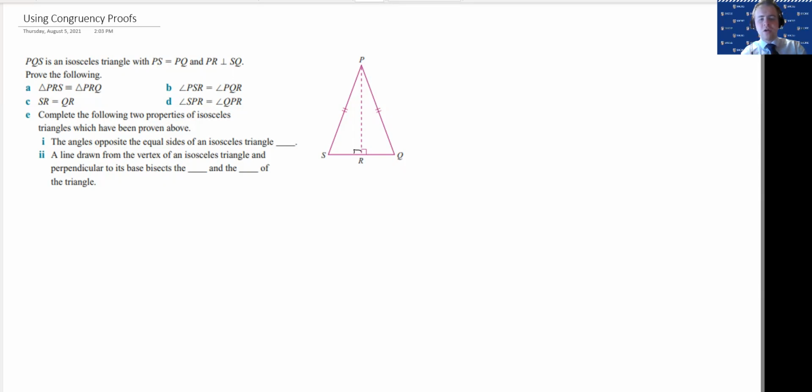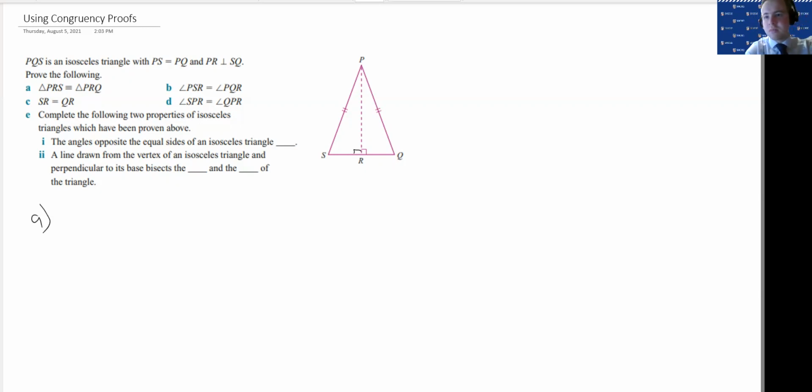We also have 2 sides that we're told are equal. And then we have this side PR, which is in common with both of the smaller triangles. Both of the smaller triangles use that side in their shape. So we call that a common side. So that means I have a right angle, I have hypotenuse, I have another side. I'm going to go for RHS when I set up my proof.